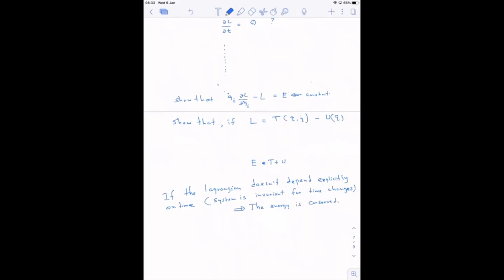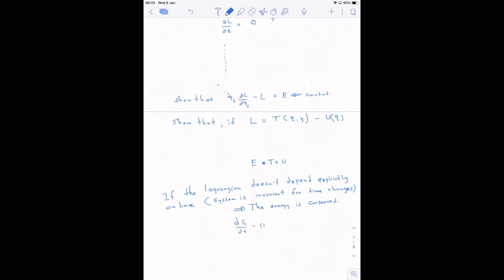Right? So this is another way of conserving the energy, and energy will not change with time, right?